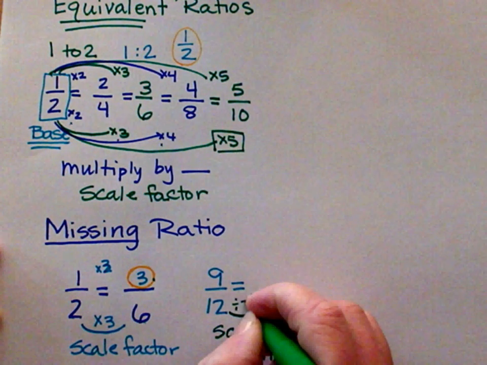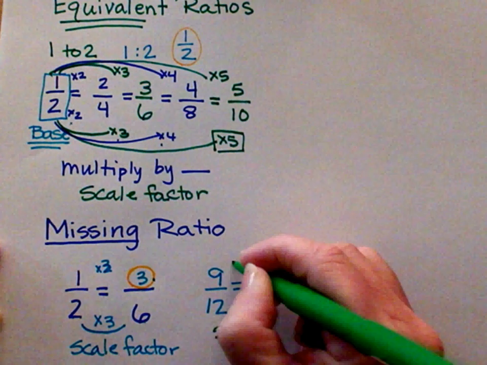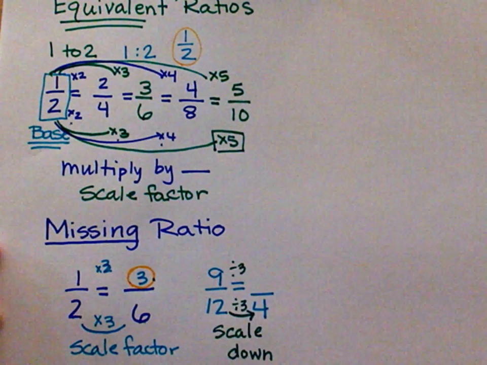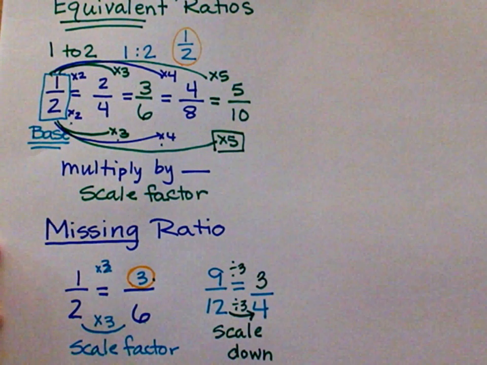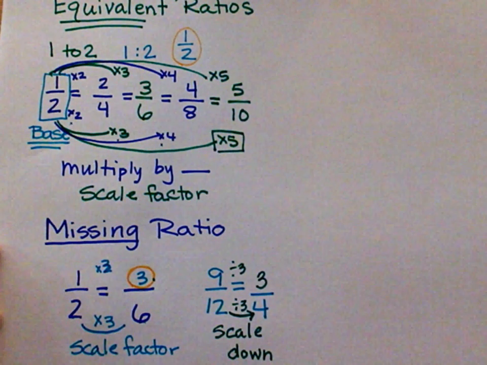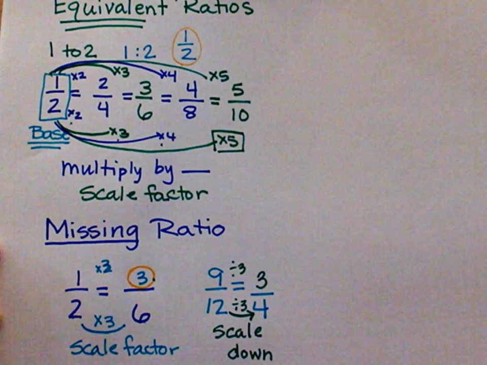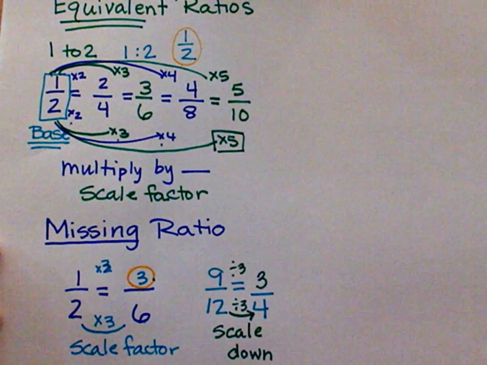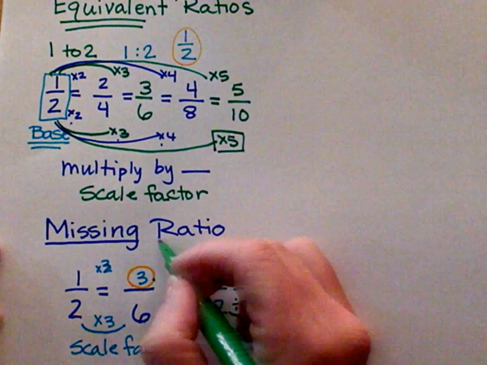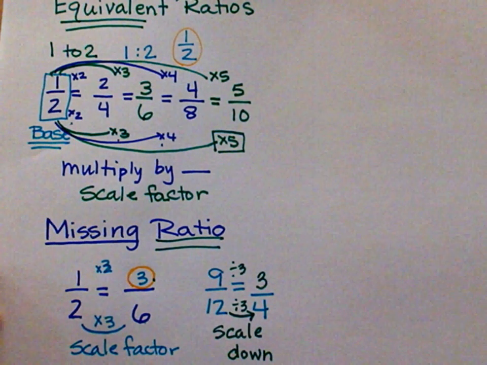I can divide by 3. If I divide by 3 on the top, I divide by 3 on the bottom, and we get 3 out of 4. So whatever I do to the top, I do to the bottom. And it's an equivalent ratio, not an equivalent fraction. We now use the word ratio to describe these numbers that we are comparing.